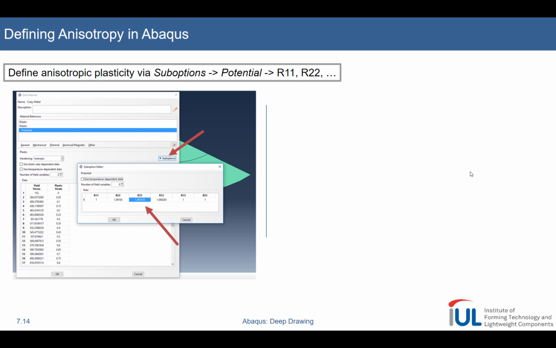Alright, so we do things a little different today in this video, because even before showing you how to implement your anisotropic deep drawing process in Abaqus, I will guide you through some of the things that we will need in order to implement it correctly and actually to get it running.